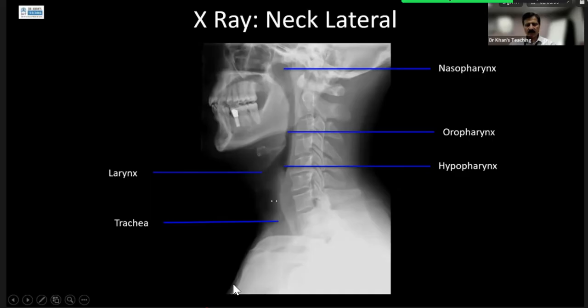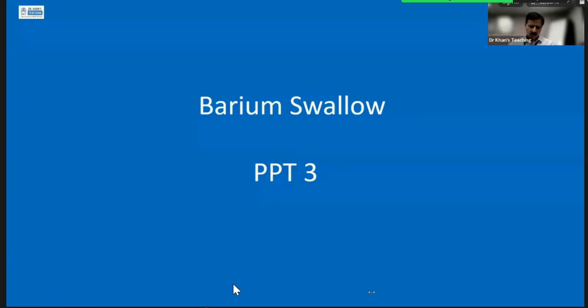So from here to here, this is the larynx, and from here downwards, hypopharynx and the esophagus. So 1, 2, 3, 4, 5, 6. So this is C6 level. From here downwards will be the esophagus. I'll show you a barium swallow examination, and then we will take a break.